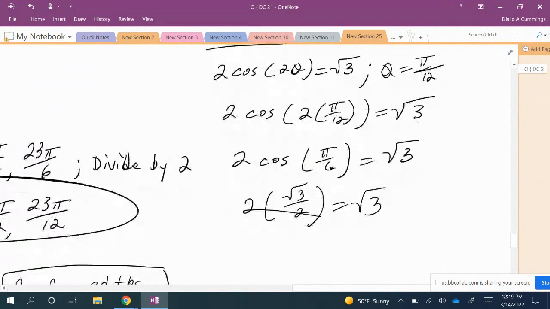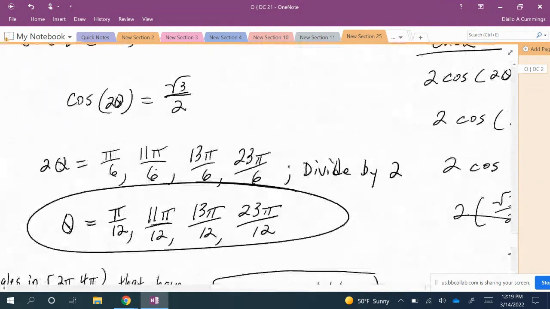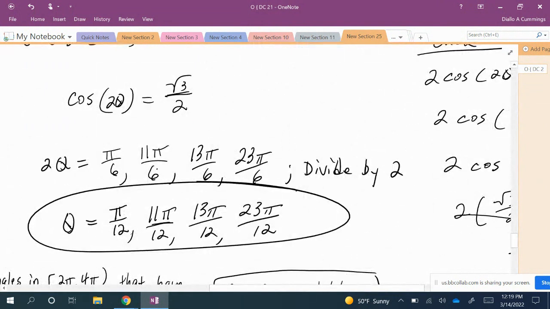The 2's are going to cancel, and we have the square root of 3 is equal to the square root of 3. So we know that pi over 12 is a solution. This is the reason why we must divide our double angles by 2.